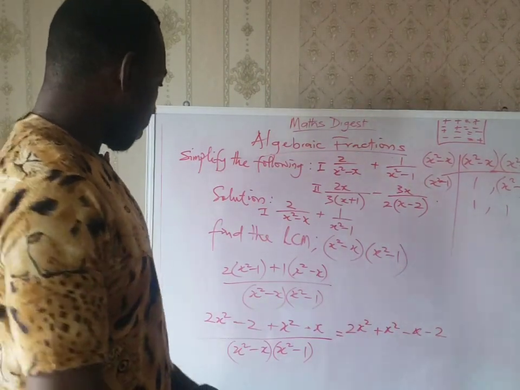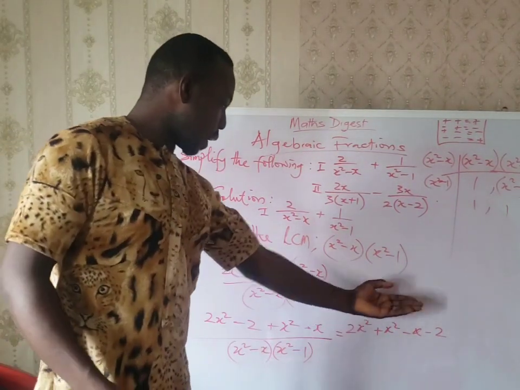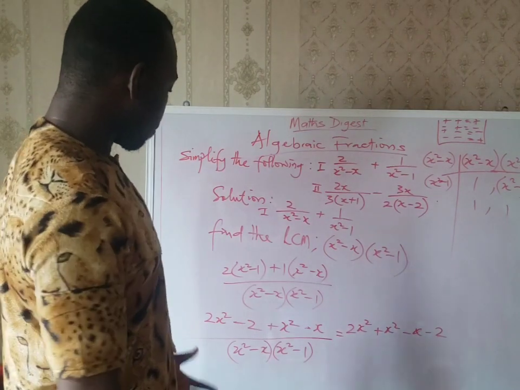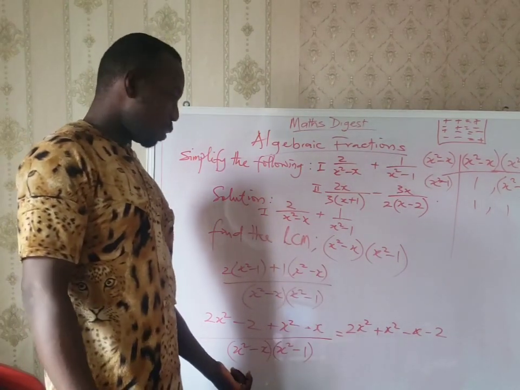Looking at this, this is what we have at the numerator end. Now we bring down our LCM the way it is.